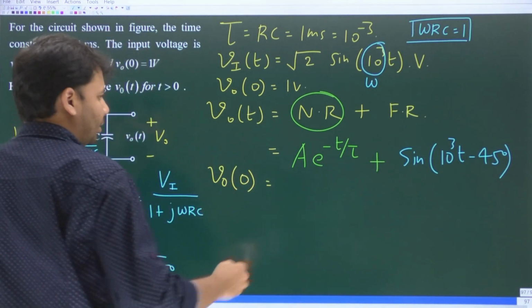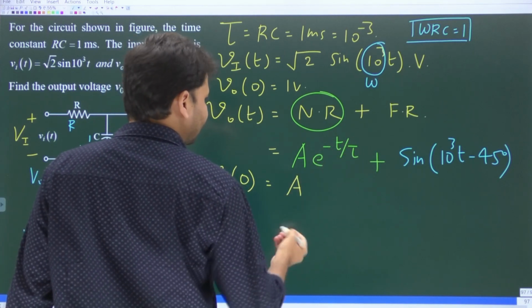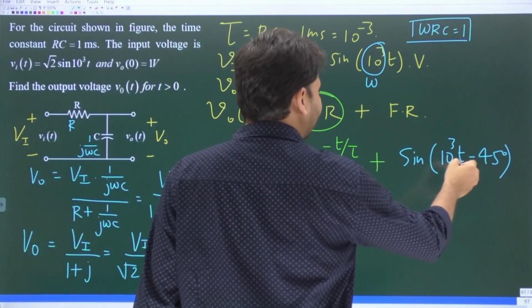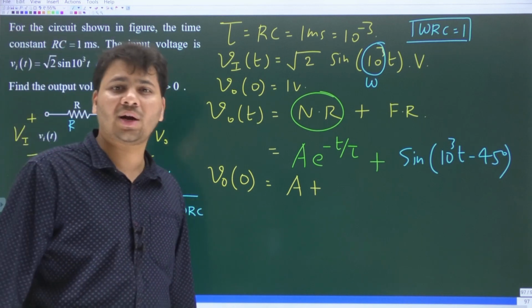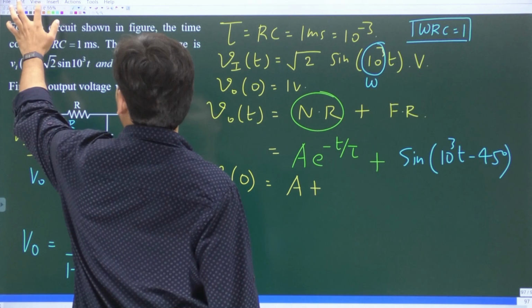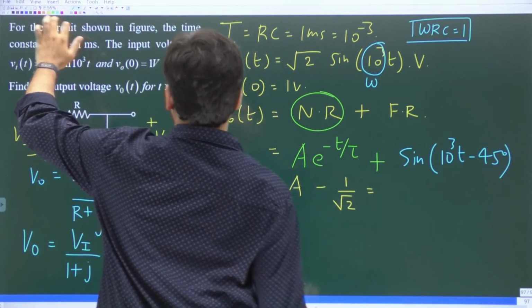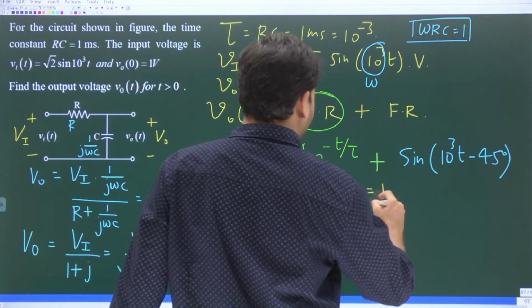So V0 of 0. If you put t equal to 0, e power 0 is 1, so is it not just A? A plus, again if you put t equal to 0, sine of 0 minus 45 degrees. What is sine minus 45 degrees? Is it not minus 1 by root 2? So A minus 1 by root 2. Now the given initial voltage across the cap is 1.